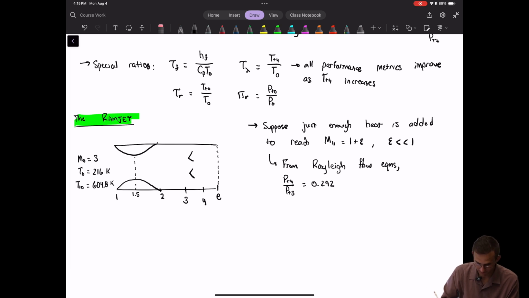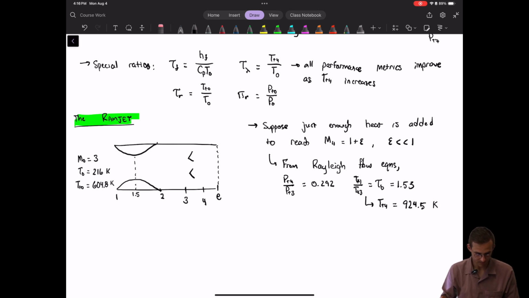And we also have that TT4 over TT3, which we can write as tau over the burner, just as we could have written the pressure ratio as pi over the burner, is equal to 1.53. And that tells us that TT4, in this case, is equal to 924.5 Kelvin.